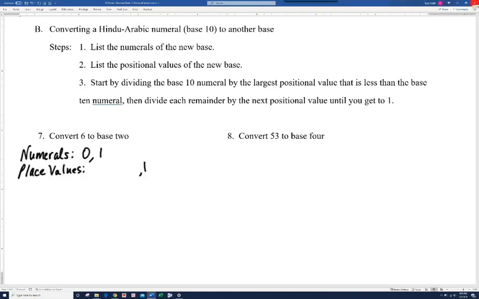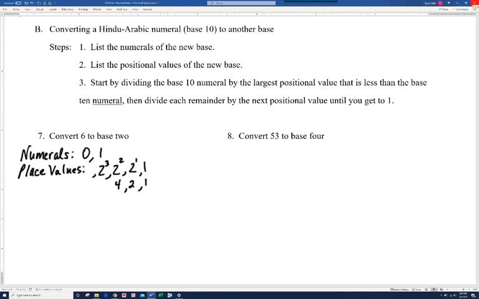Well, let's see. We have 1, 2 to the first, the 2 squared place, the 2 cubed place, and so on. Now, notice I did 1, 2 to the first is 2, and 2 squared is 4. I'm actually writing these numbers out. Notice what it says in part 3 in our steps.